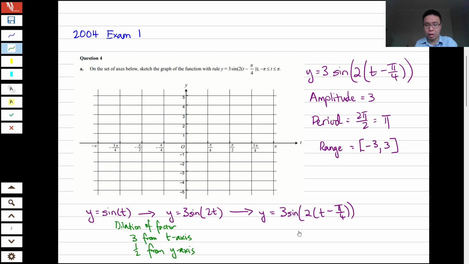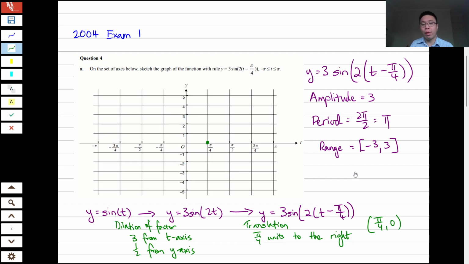So this is actually a translation pi on 4 units to the right. And since I know that this graph, 3 sine of 2t, will pass through 0, 0, I immediately know that I'm going to have a point at pi on 4, 0. So I can think of this as my first point on the graph.